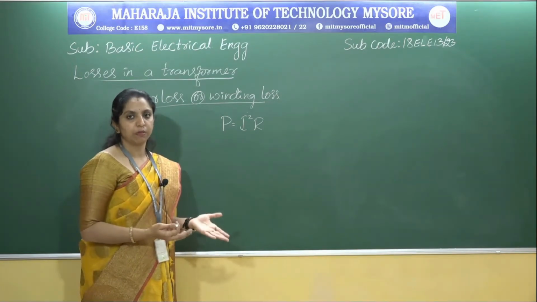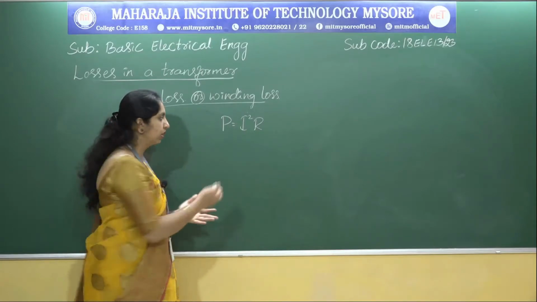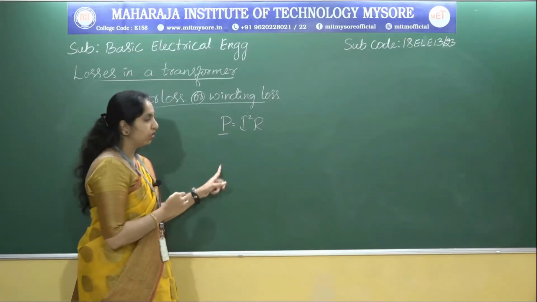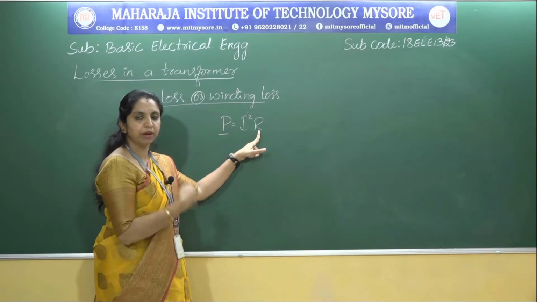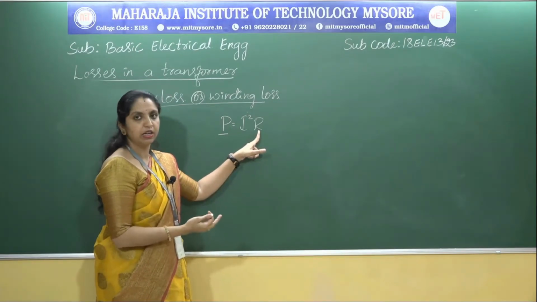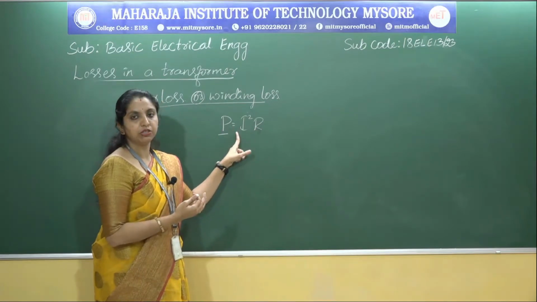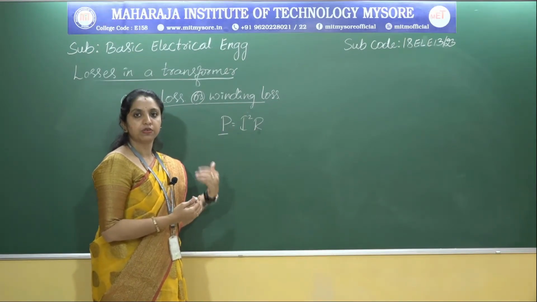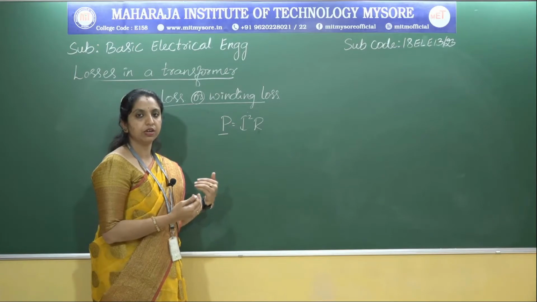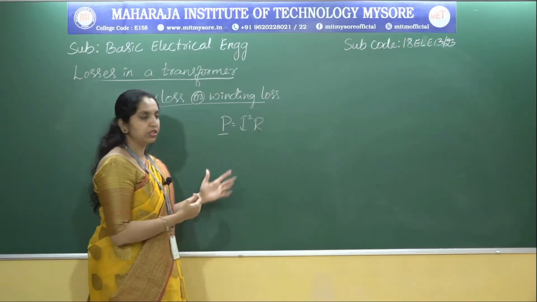That is nothing but copper loss, and it depends on the magnitude of the current which passes through these two resistances.